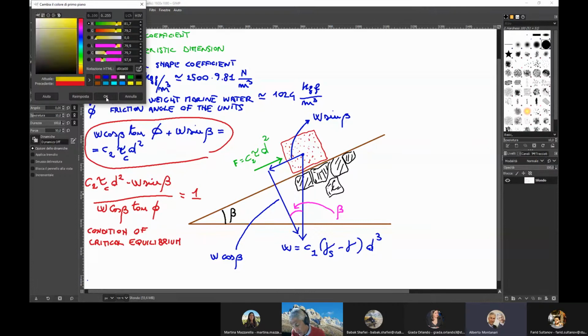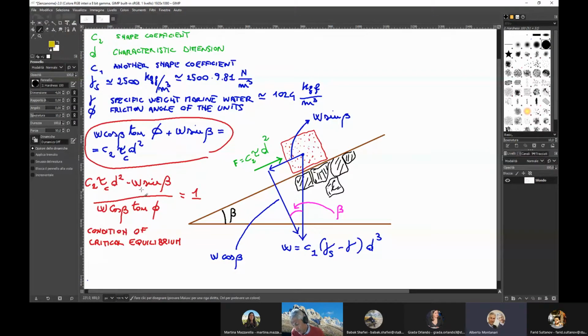Let me take the yellow, so I can substitute here and here this one, in order to get an expression that is easier to handle. The second step is to discuss how to compute the shear stress originated by waves. Very good.